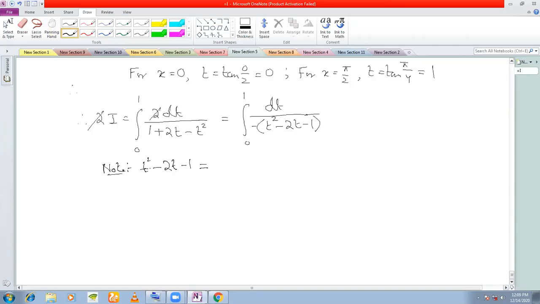What shall we do? We want to express this as a whole square, a perfect square. Remember your class 11 quadratic equation chapter, quadratic inequalities, completing the squares, how to prove whether a quadratic expression is positive, negative, maximum, minimum value.